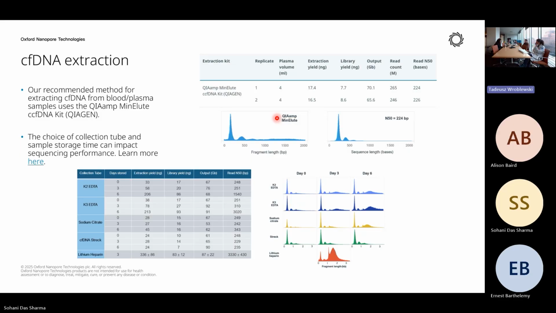Which one do we trust? NanoDrop gives us one kind of information, and TapeStation gives us another. If NanoDrop looks perfect, it only means those contaminants are not present, but it does not say anything about the fragment distribution. So both have a different purpose; they are not complementary methods. Yeah. Okay.